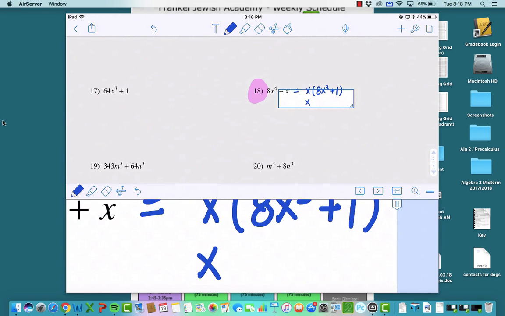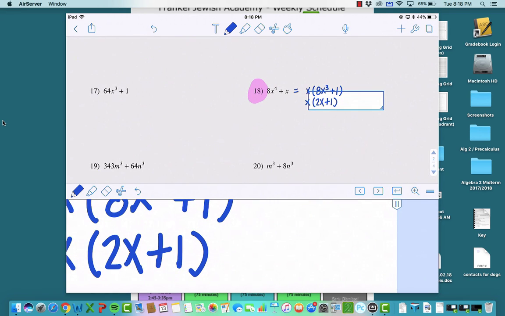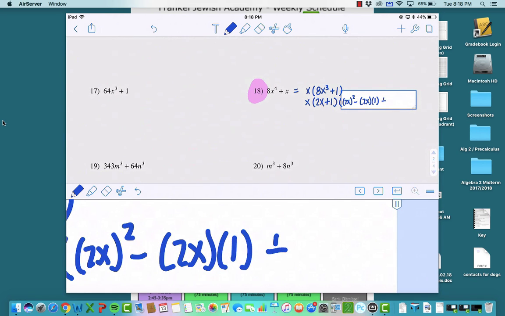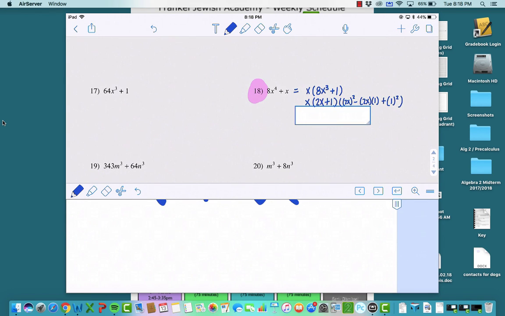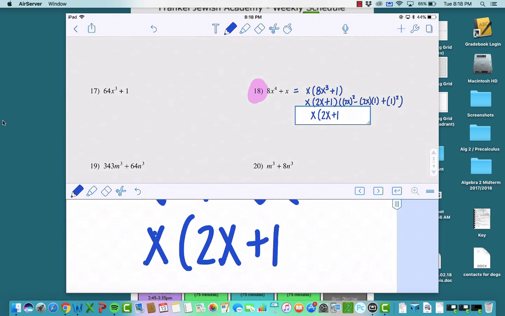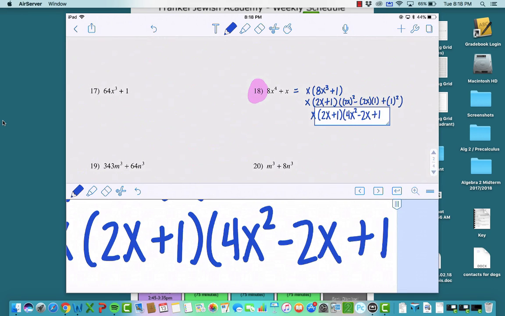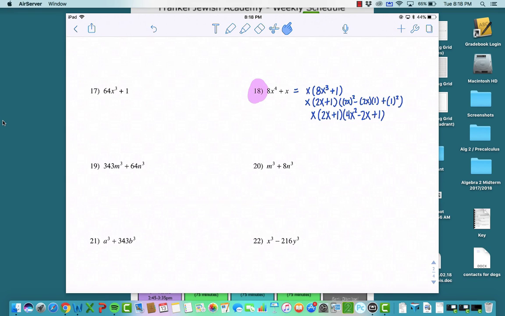So I'm going to plug it into the formula right off the bat. 2x plus 1, same sign, different sign. This is going to be 2x squared minus 2x times 1 plus 1 squared. And I'm going to simplify. x times 2x plus 1 times 4x squared minus 2x plus 1 for my factored form.